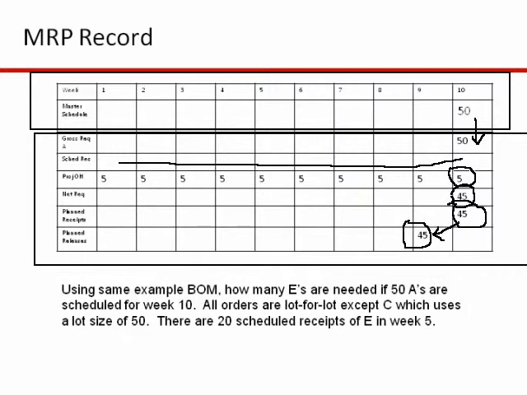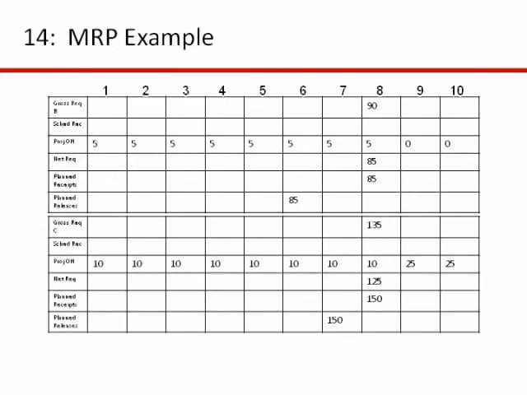So what we have to do is we have to do MRP records for level 0, level 1, and level 2, because again, we work from the top down when we're doing MRP. So again, we know we need to order or start making 45 A's at the beginning of week 9, all right? All right, so now we know that here's B.